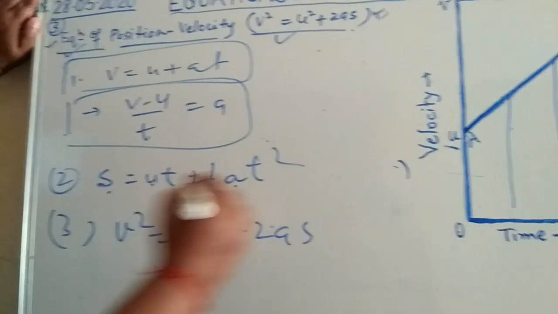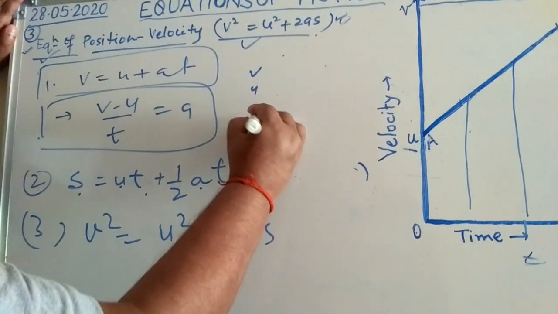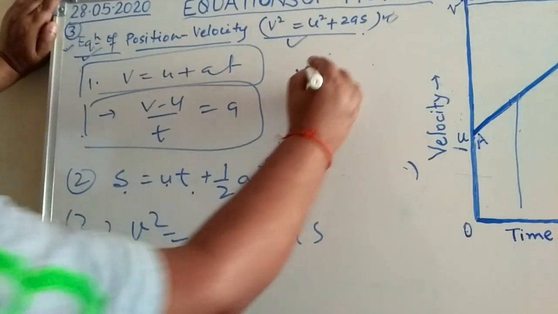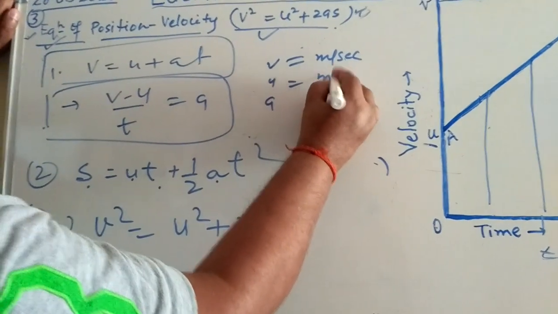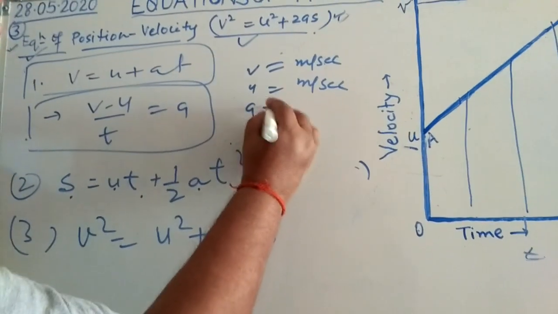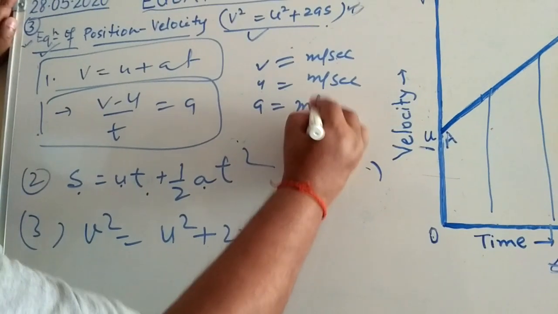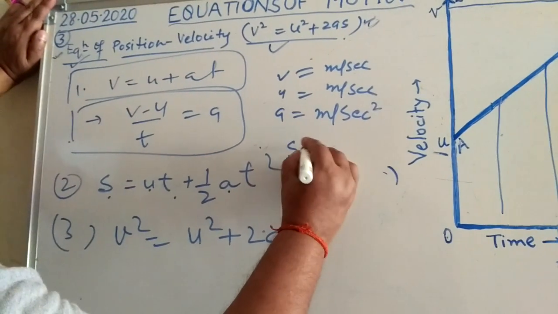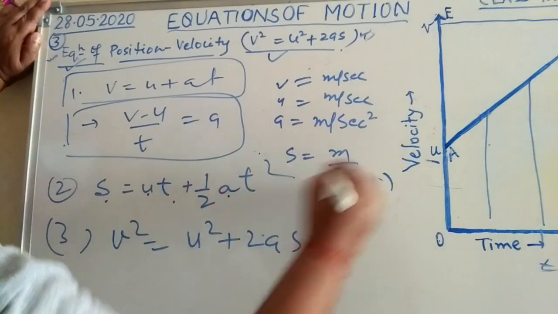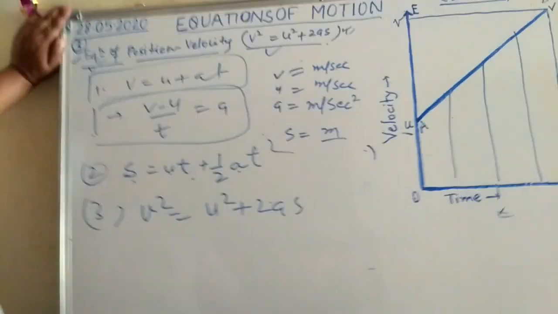V, U are all velocities, so the SI unit is meter per second. The SI unit of acceleration is meter per second square. S is displacement or distance, and its SI unit is meter.